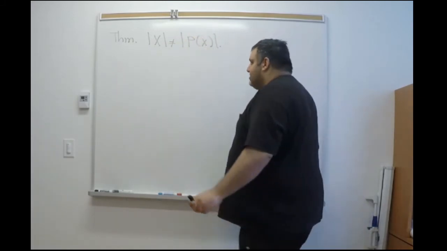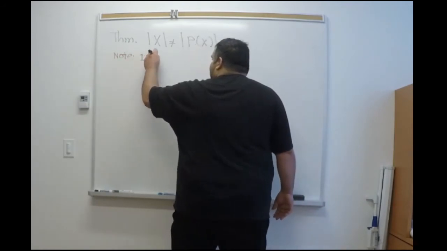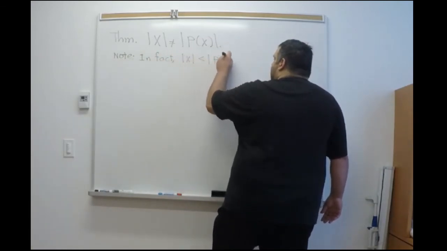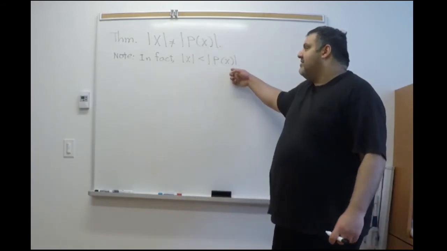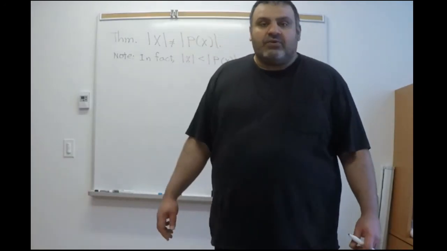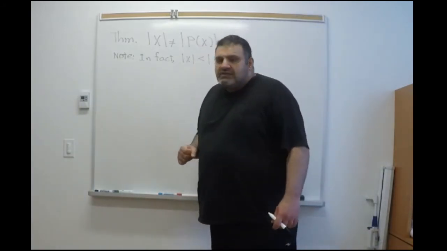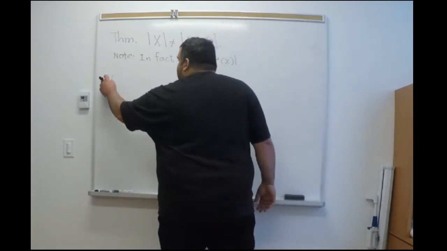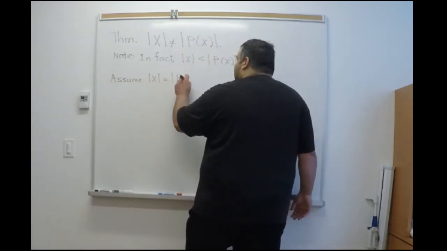Just as a side note, in fact, the size of X is always less than the size of the power set of X. This second fact tells you that there is no set with largest size. But what we're going to prove is this main theorem, that the size of X is not equal to the size of the power set. Assume it was. Assume the size of X equals the size of the power set of X.